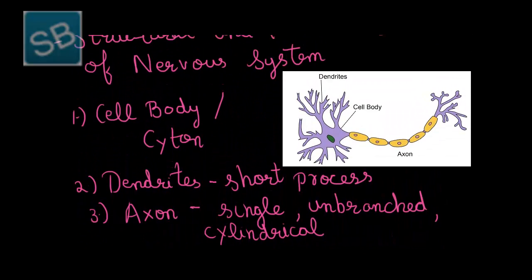Now, as can be seen from the figure, the neuroplasm or the cytoplasm possesses a single, large, cylindrical nucleus. The Nissl granules present within the cytoplasm surround the nucleus. Thus, it can be seen from the figure that the cell body or cytone of a neuron arises from the peripheral region of this nucleus.